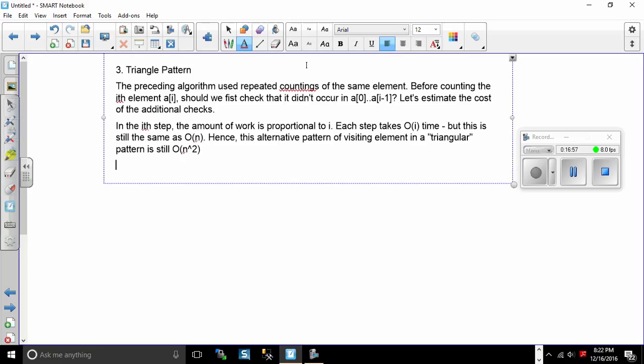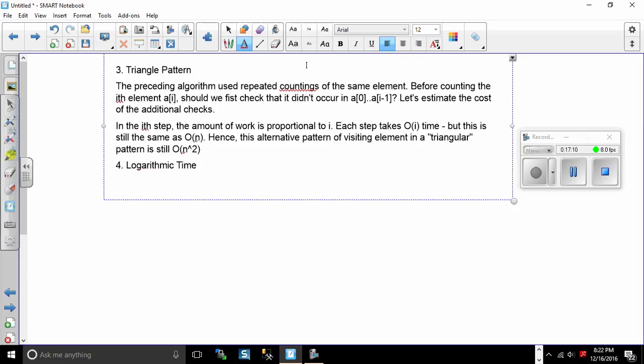So let's look at a final alternative, and let's examine algorithms that use logarithmic time. Let me rephrase.